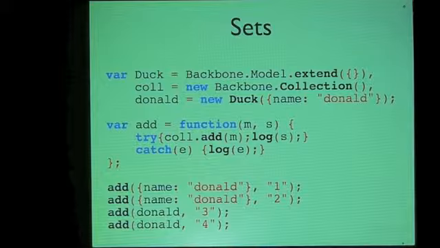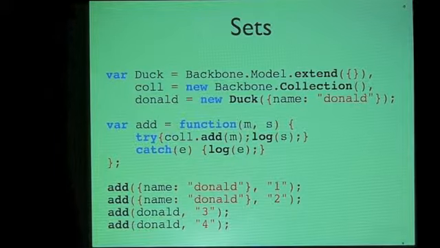This is just a helper function called add, and it's going to try to add him to the collection and log it. Don't worry too much about that. Just know that it adds to the collection and logs it to the screen. So here I'm going to try to add a name, Donald, and then print something on the screen to identify this function call.